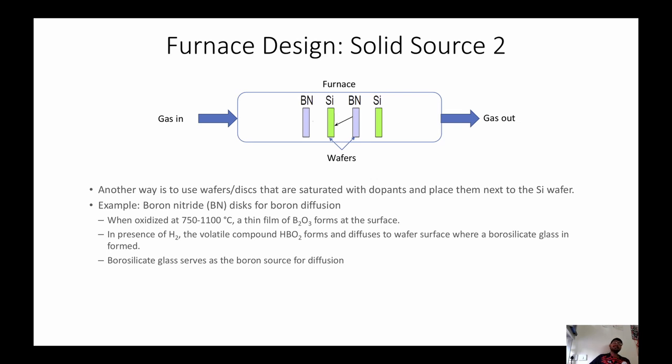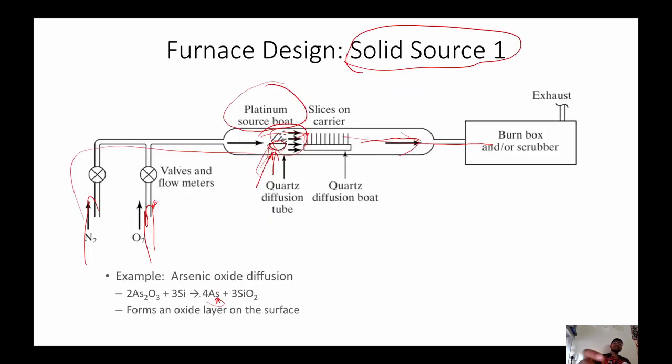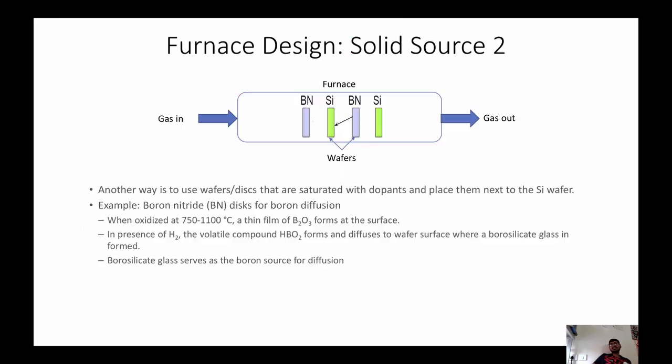Another method is needed because in this case the wafers which are in front will see more diffusion, and the wafers behind will see less diffusion. So we can change the schematic a bit, the design a bit. We can take boron nitride here, silicon, boron nitride, silicon.